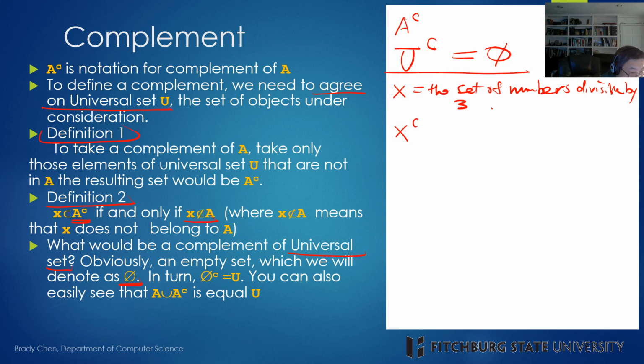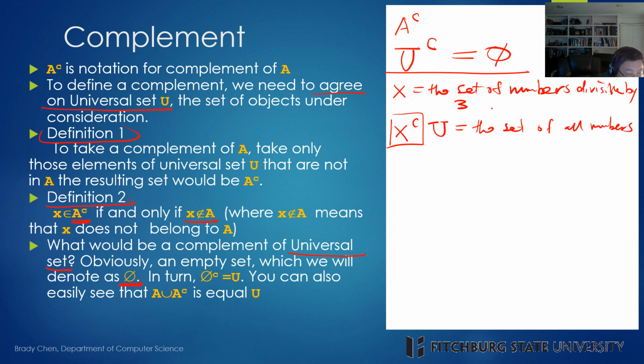Now, what's the complement of C? The first thing we need to figure out, in order to define the complement of C, is what the universal set is. Logically, we can assume the universal set is the set of all numbers, or whole numbers.